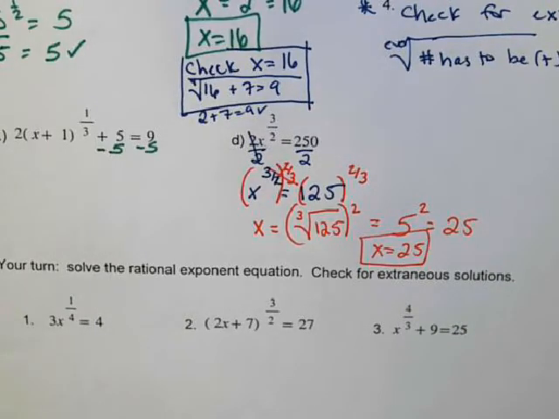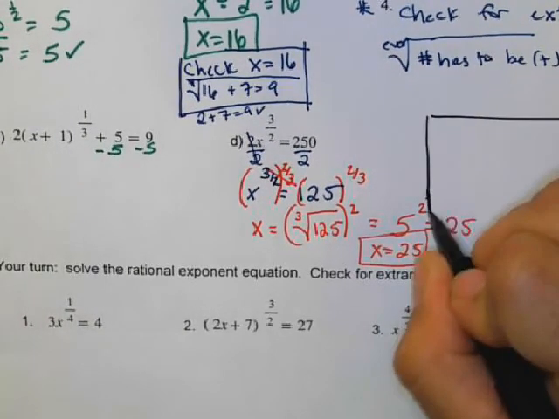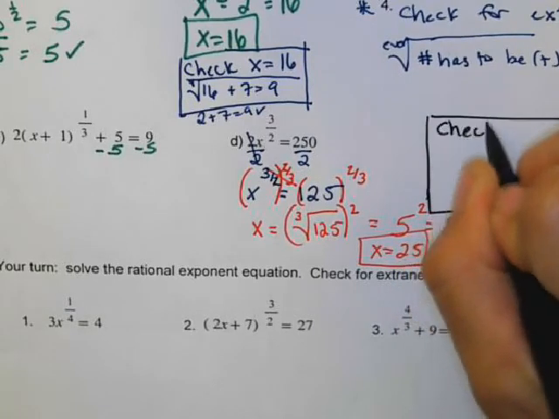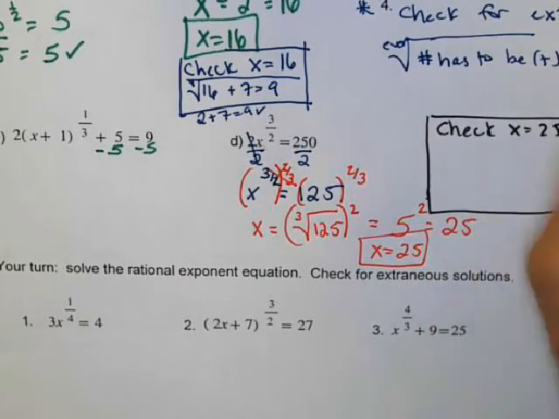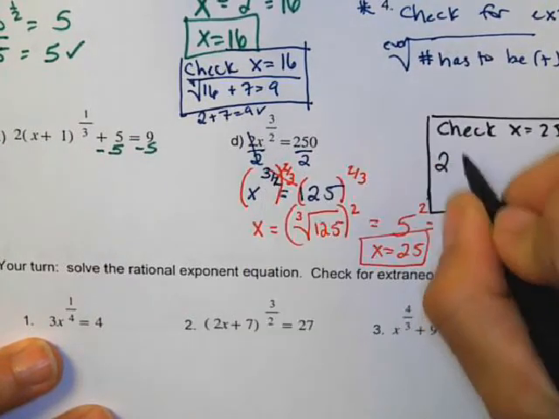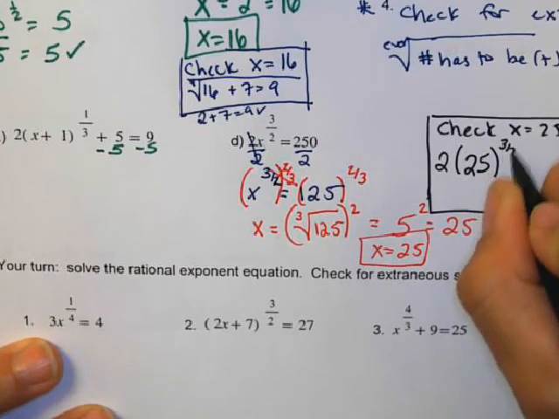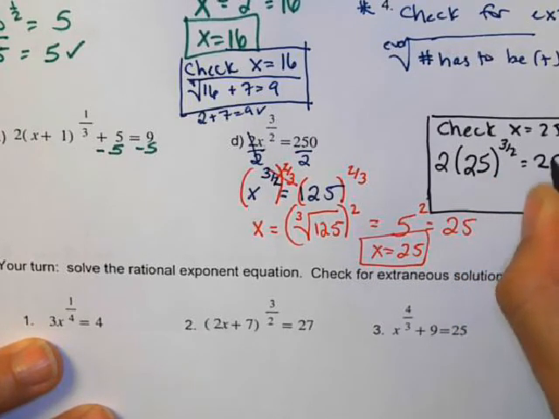Alright, back to my infamous check. So now I'm going to check x equals 25. Again, I'm using please excuse my dear Aunt Sally here. I know there's no parenthesis there, but I'm going to put some parenthesis in or else it's going to look really weird, like I'm trying to do too much at one time.